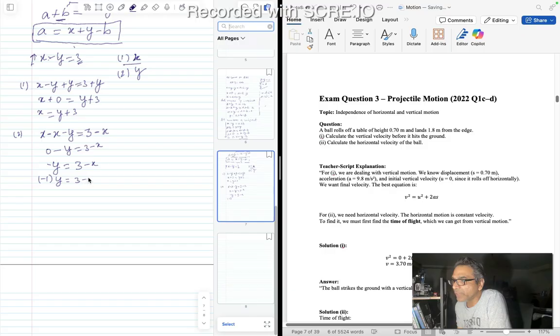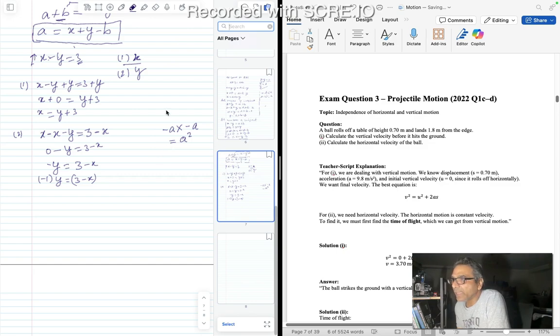So it is 3 minus x. So to get rid of minus 1, what we are going to do is we know that minus a times minus a equals a square, right?